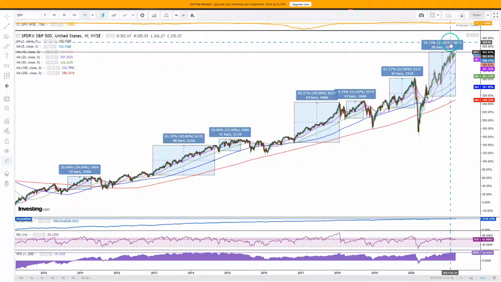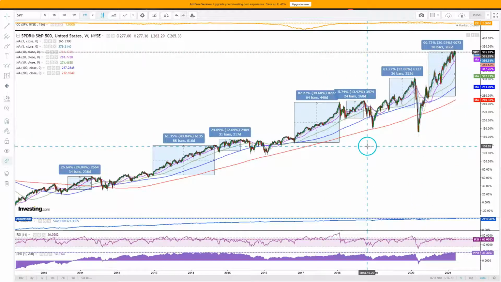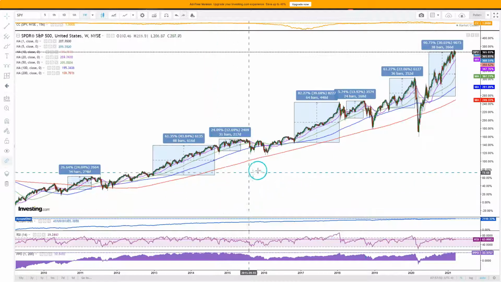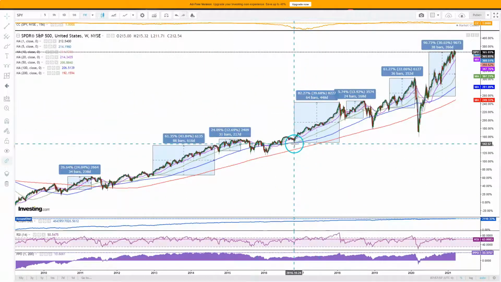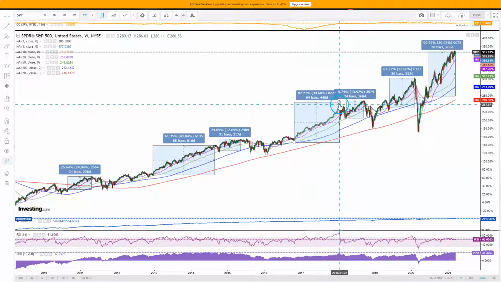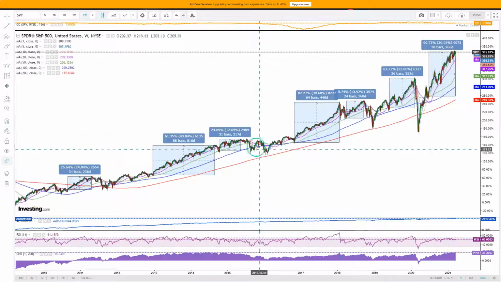Hence, you could certainly make the case that this is one of the most stretched periods. And if you look at some of the prior times, like this one, from testing the 50-week to the temporary high, we basically had a crash.